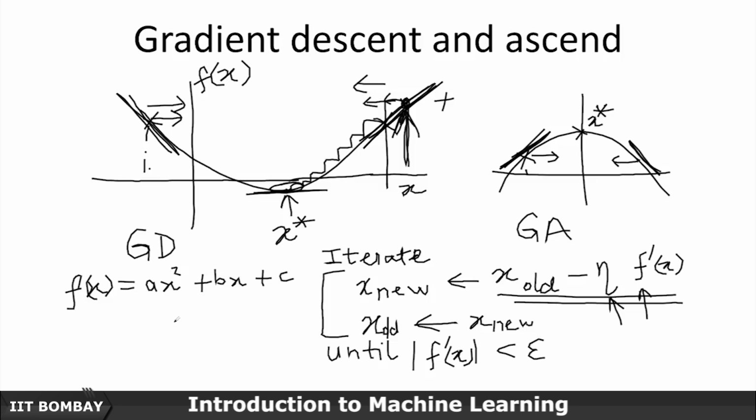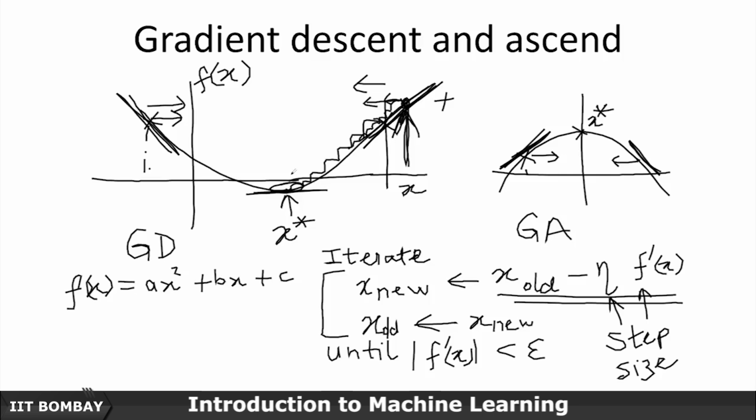Now, there is a critical element eta which is called the step size or learning rate. So, this step size can be neither too large nor too small. If it is too small, I will need many steps to go through this loop to reach the minima.